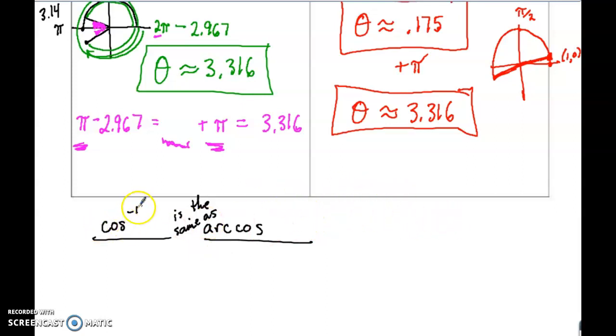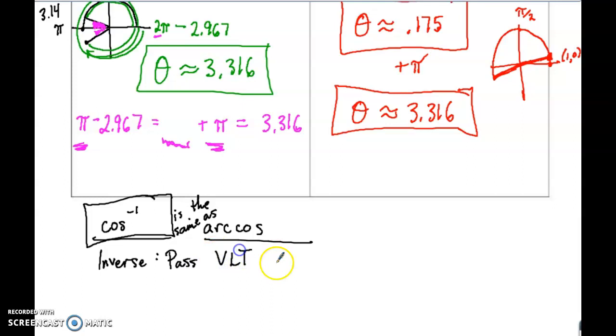And the reason why a lot of math people, myself included, use inverse cosine instead of arc cosine is because we learned earlier this year about how to do an inverse. An inverse must pass the vertical line test and the horizontal line test. So what that means is that we can only have one x value that's positive and one y value that's positive.